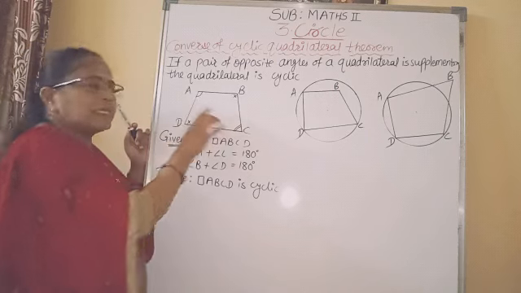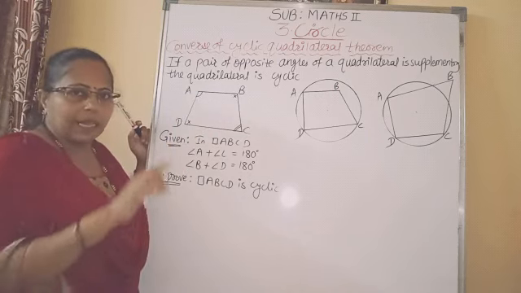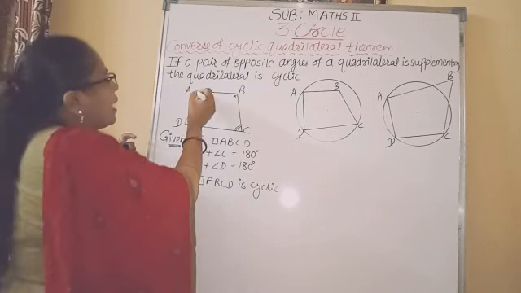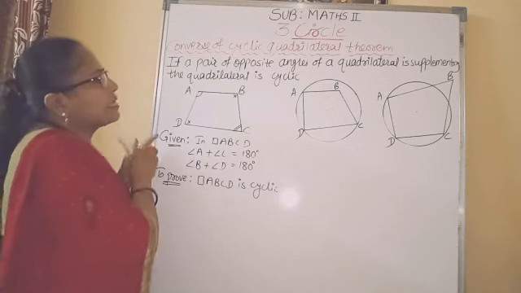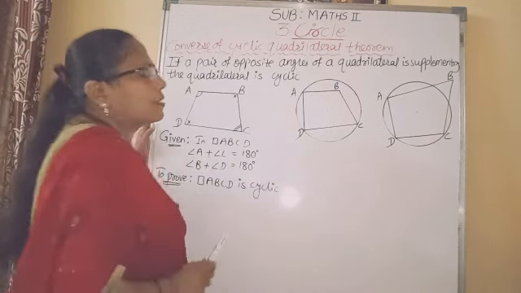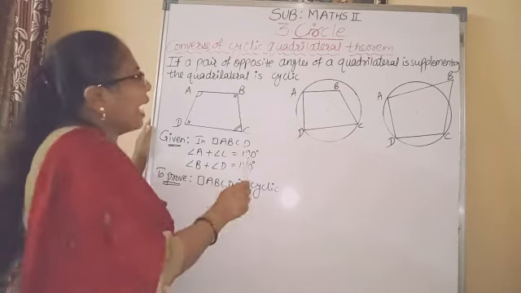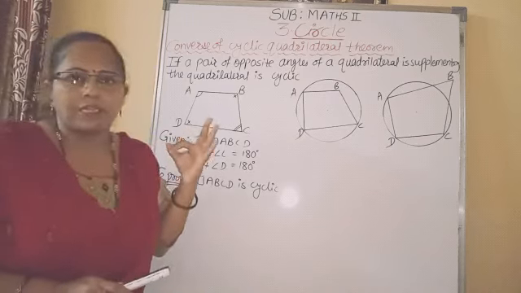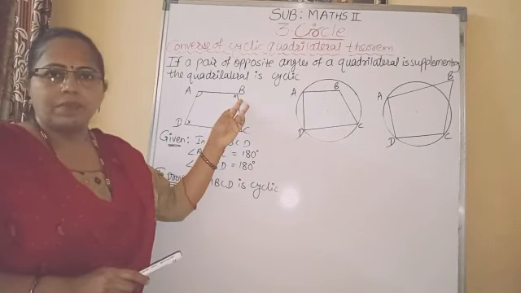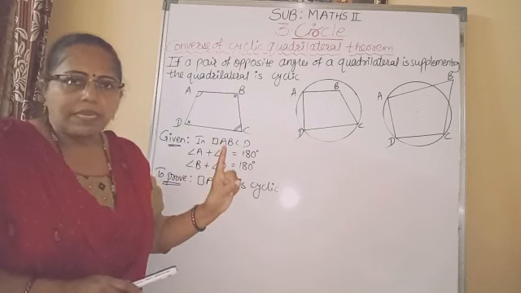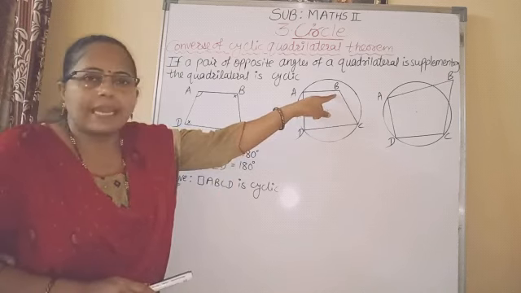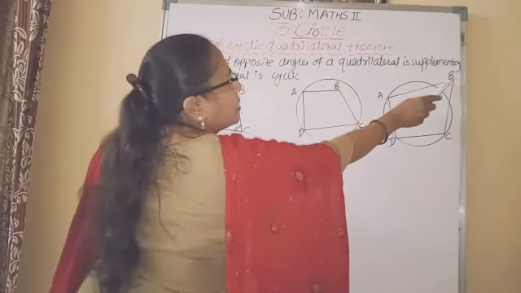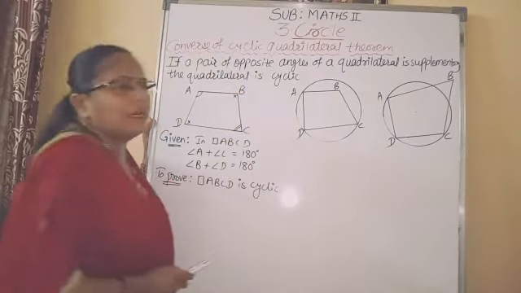That 3 points are already concyclic. They are on the same circle. Okay. So let me decide points A, D and C. These 3 points are on the circle. And the remaining 4th point B. There are 3 possibilities for this point B. First possibility is the point is in the interior of the circle. Second possibility is the point is in the exterior of the circle.